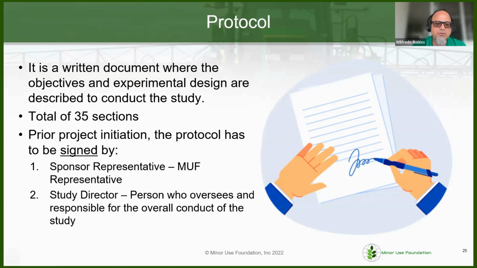The study director is the person who oversees the entire protocol and is responsible for the overall conduct of the study. So if both signatures are not included on that protocol, there's no way to conduct that trial in the field. That's the official way to start the protocol. Next, please.